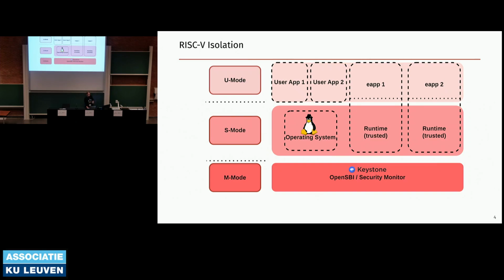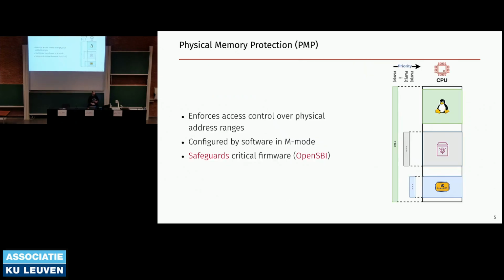This kind of isolation is done using PMP, or physical memory protection. This kind of protection basically works on physical addresses, and you can think about it like you have some registers that you can configure with physical addresses, a region where that particular process will be isolated.